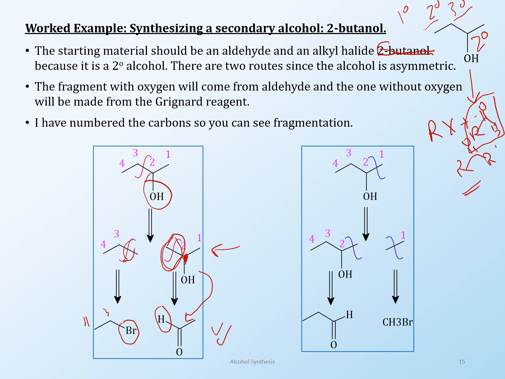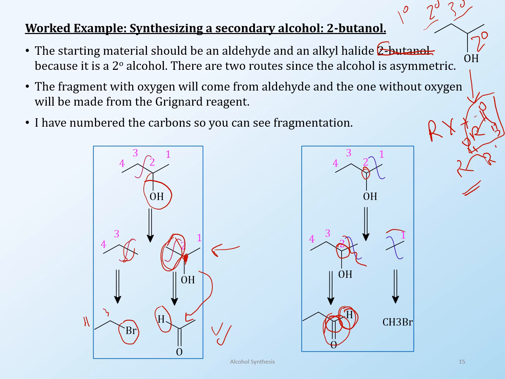Now if you fragment from the other side, between carbons number 1 and 2, you can see that this carbon is the one that's going to get the carbonyl. Again, aldehyde, because we already established that this is a secondary alcohol. There's no way you're going to get a ketone. That fragmentation gives you a hydrogen here, and this is where your carbonyl is.